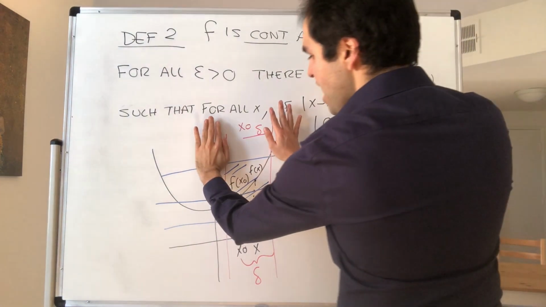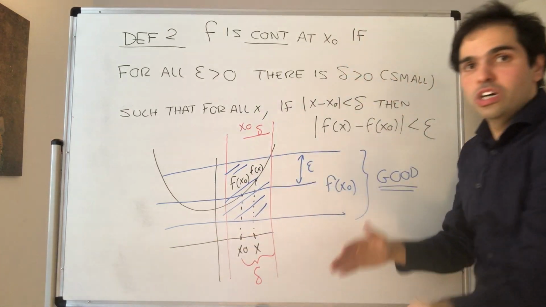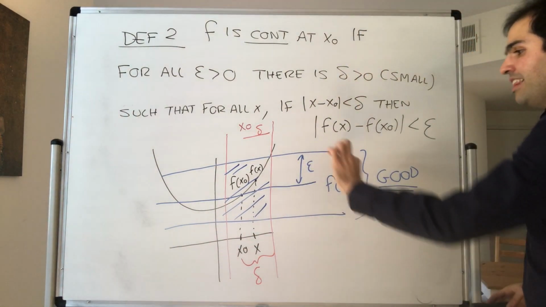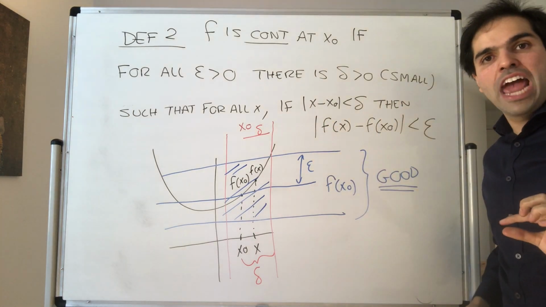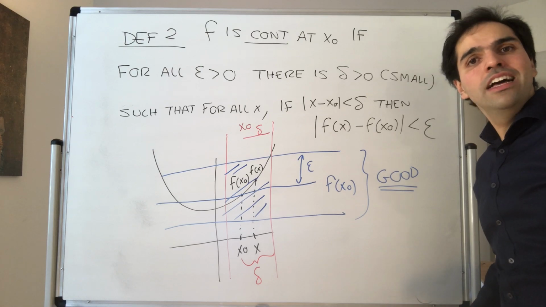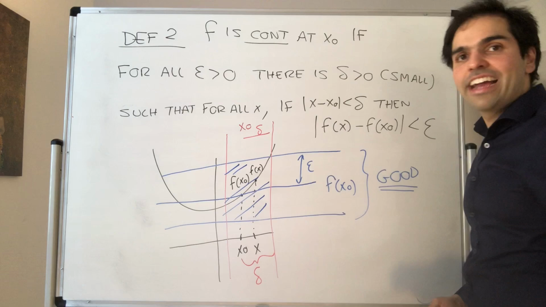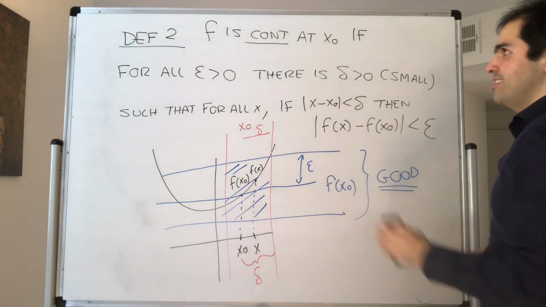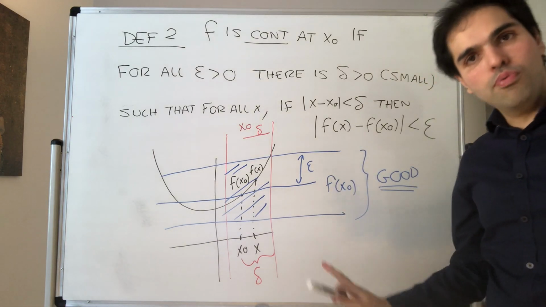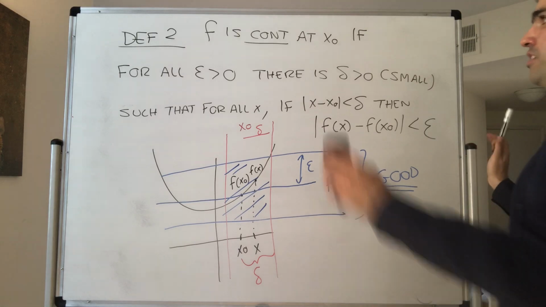So if you ignore anything that happens outside, then you say, okay, f is good. It's close enough to f of x naught, and this is no matter how small the error is. Even if epsilon were 0.001, you can eventually be in the good region just by letting x be very close to x naught. Alright, and with this, let me now prove that 2x squared plus 1 is continuous.